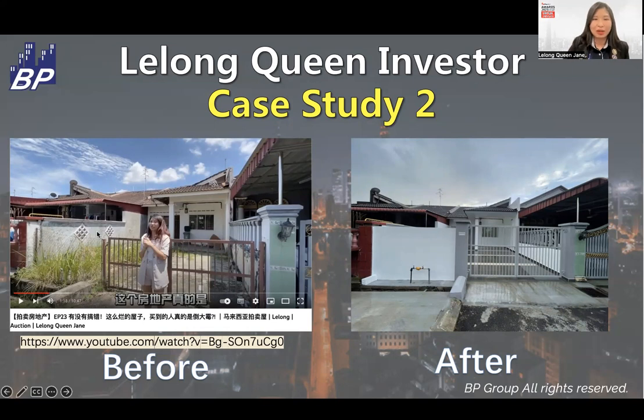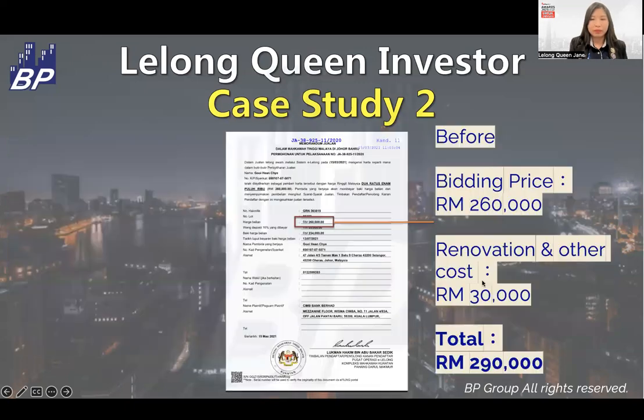Same house, you can see the adjacent one is the same house, but it has a new face in the front. We did the front door, the car porch tiles, and a new paint job. The bidding price is 260,000, and this property is located in Johor Bahru.